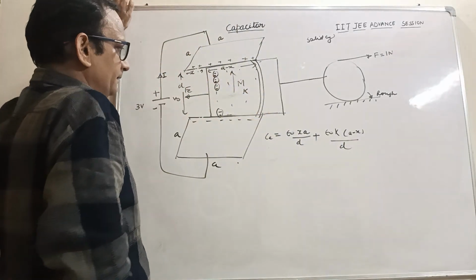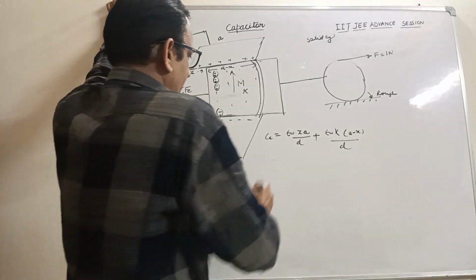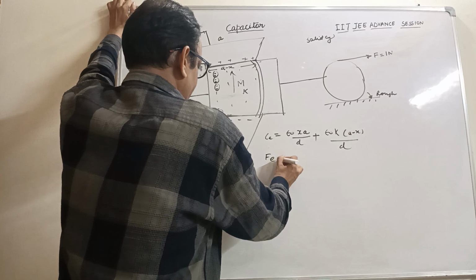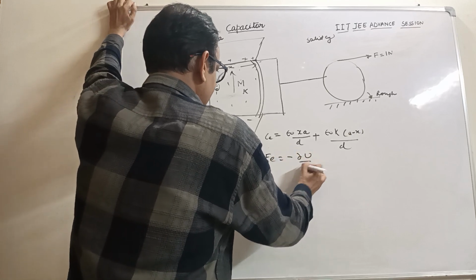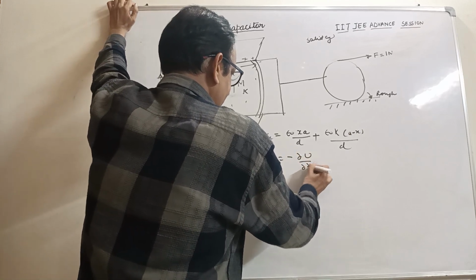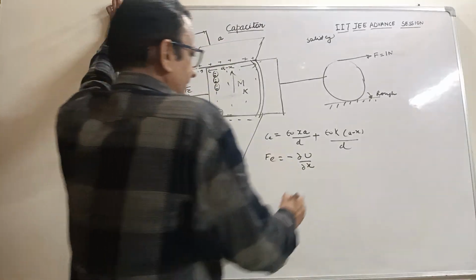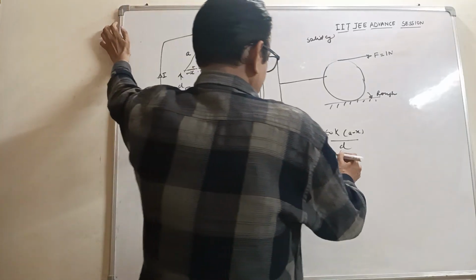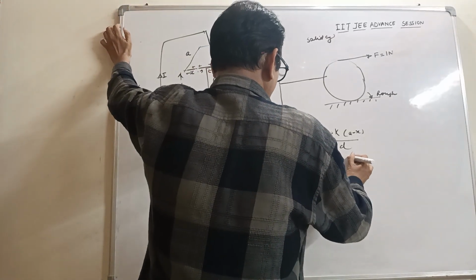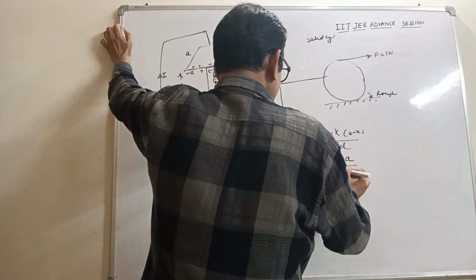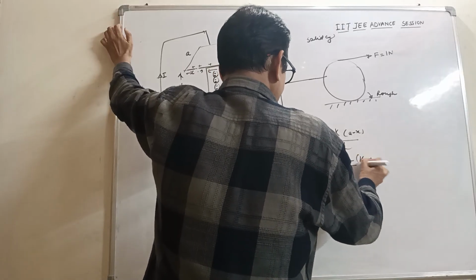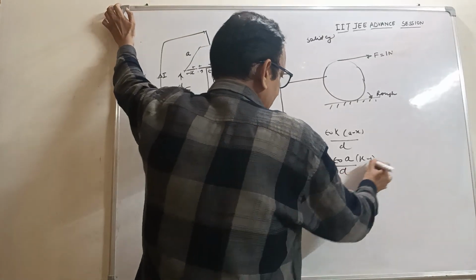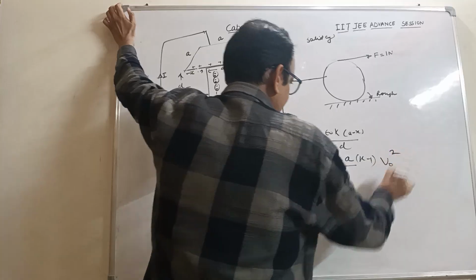This is the equivalent capacitance, and we know the electrostatic force is equal to minus dU by dx. On differentiating these terms, the x terms cancel out. So this becomes epsilon naught A by d times (K minus 1), and the internal energy is half C V squared, so this becomes V naught squared.